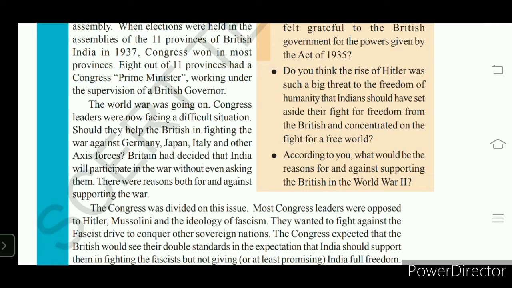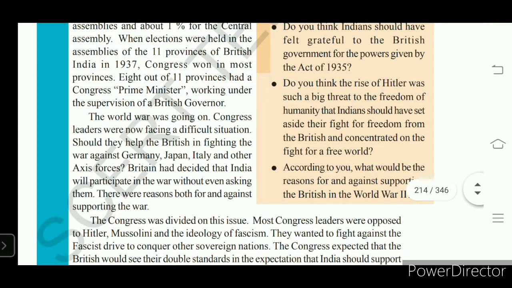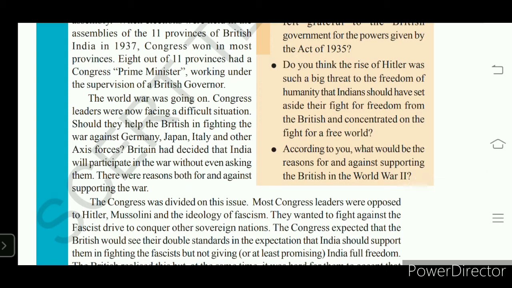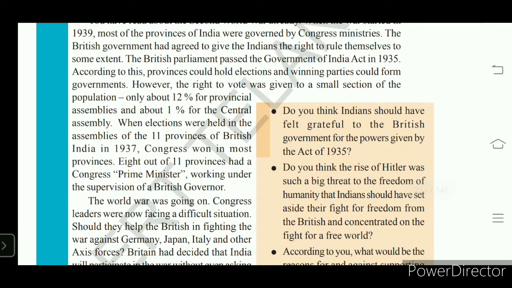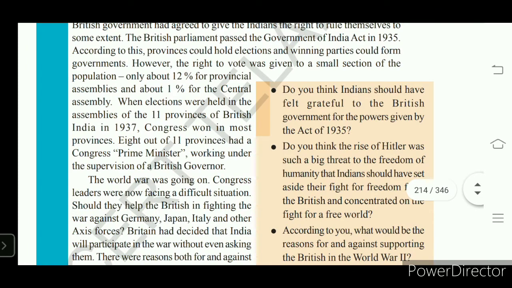Actually, Britishers, what they did, when war started, Britishers announced that India would take part in Second World War on the side of the Britain. So here the British government did not consult the Congress party, which also formed government in 8 provinces, right?